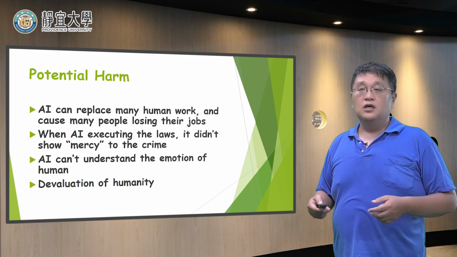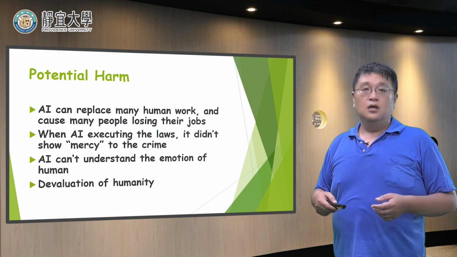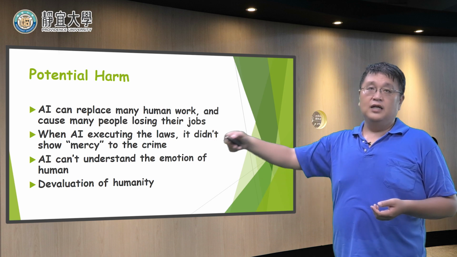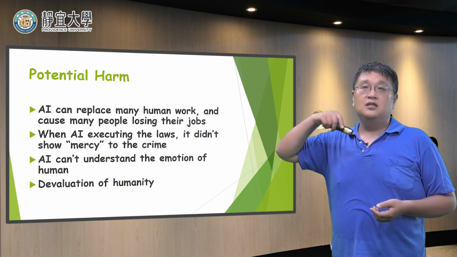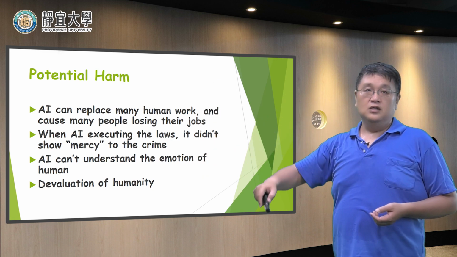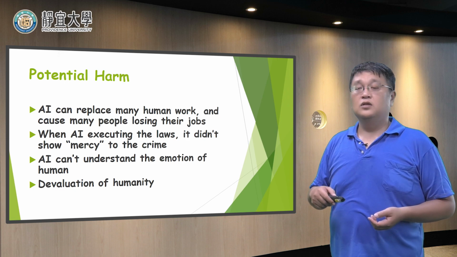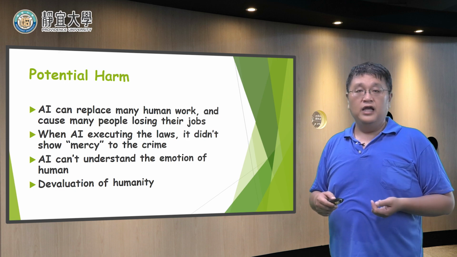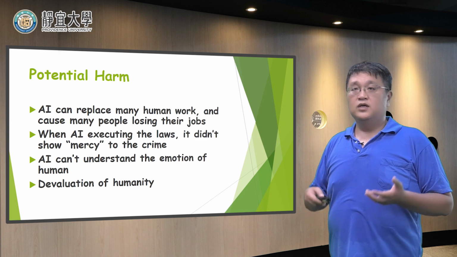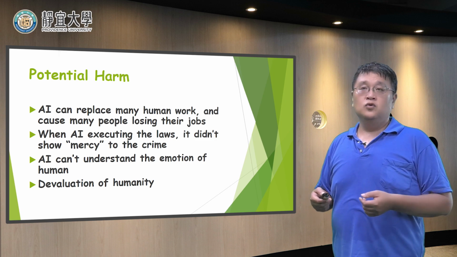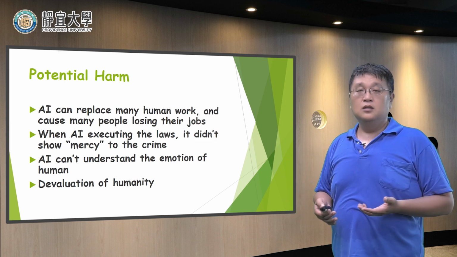For example, the traffic police: you stand on the road to keep the cars flowing. Yeah, you can go. You cannot go. We can use AI, we can use the computer, we can use the robot to replace the police.